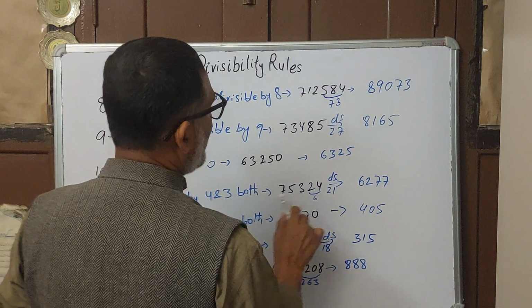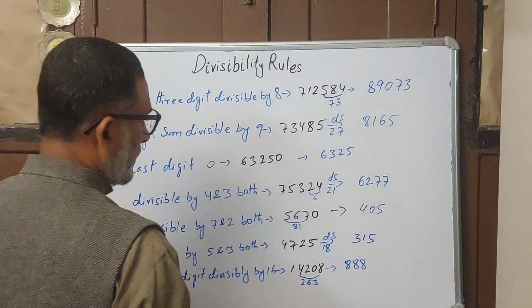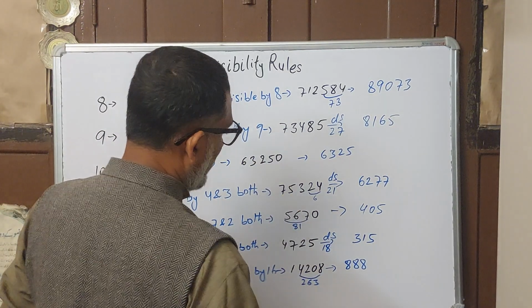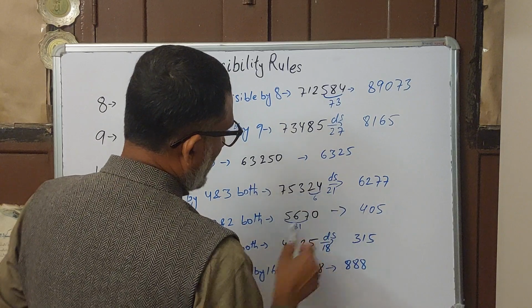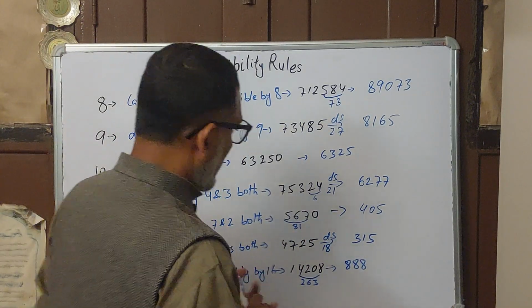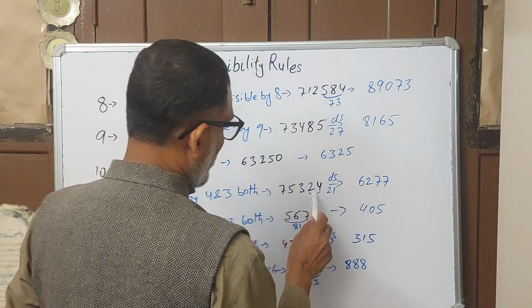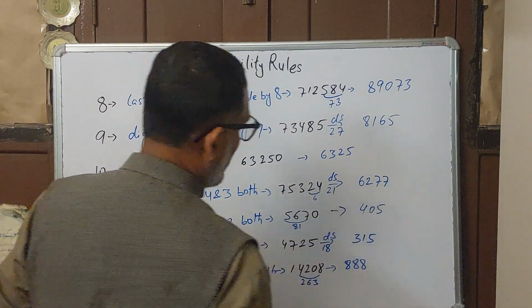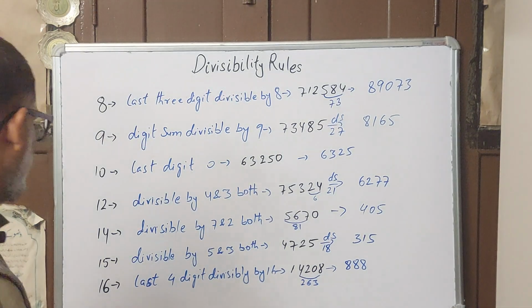Digit sum. If the digit sum is divisible by 3, then that number is also divisible by 3. So we find 7 plus 5 is 12, 12 plus 3 is 15, 15 plus 6 is 21. 21 is divisible by 3, so that means it is divisible by 4 and 3, so it is divisible by 12. And what number will you get when you divide? You will get 6277.